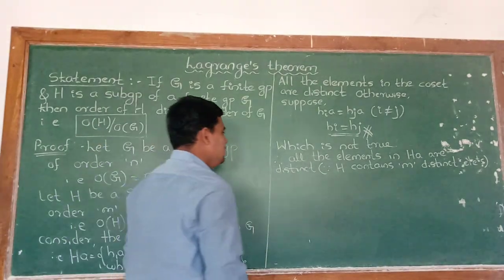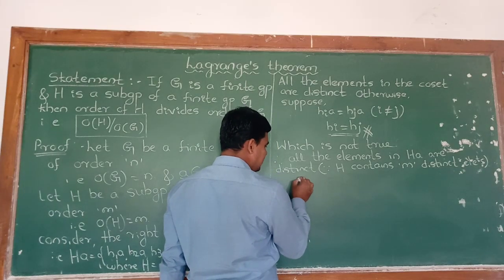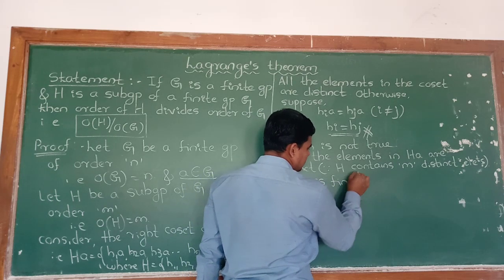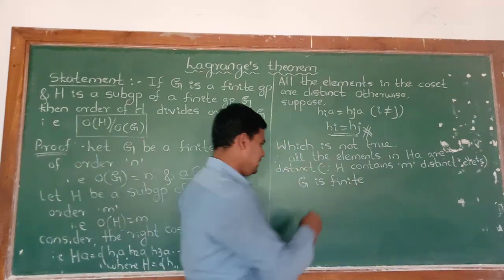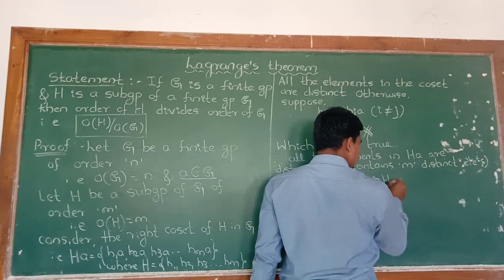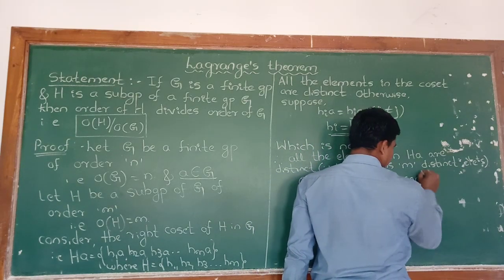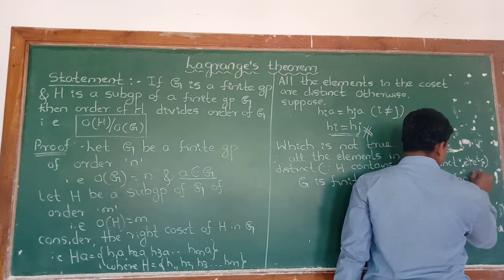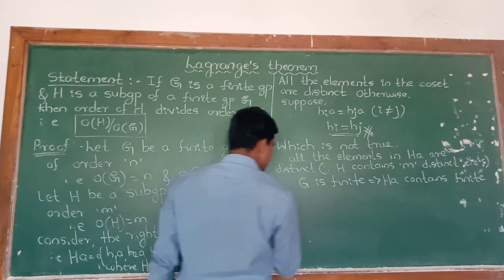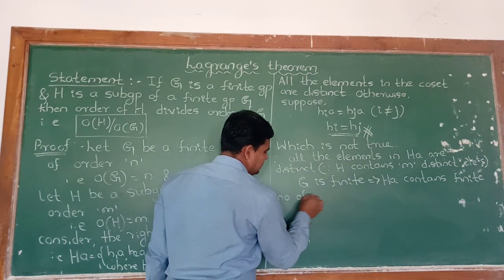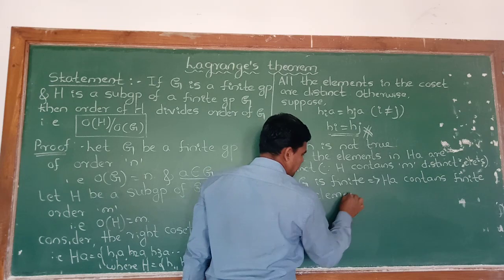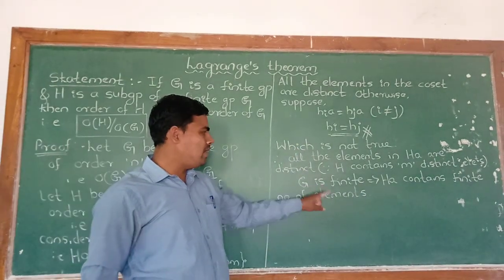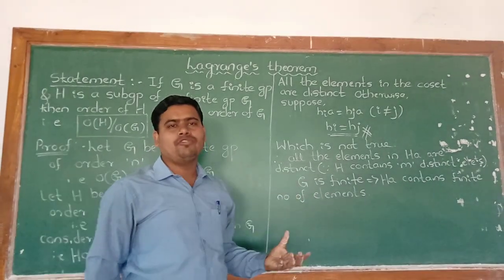If G is finite, we know that G is finite means G contains n number of elements.